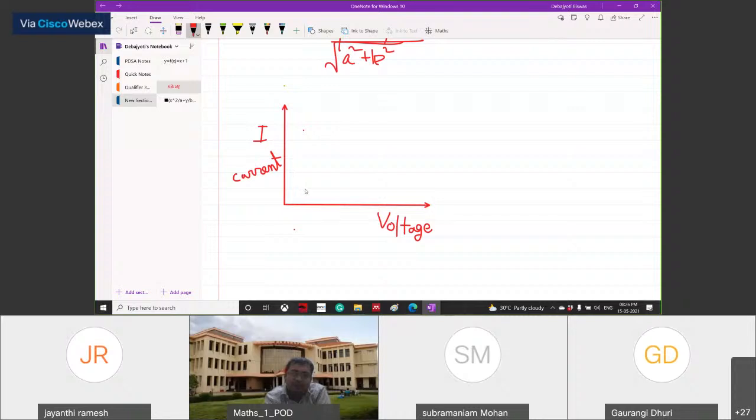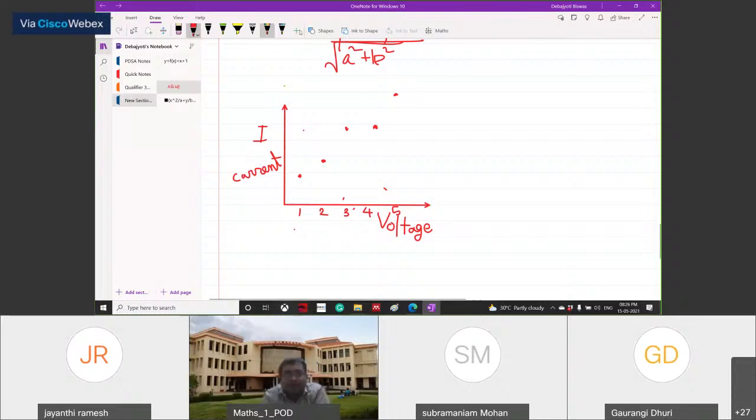If you measure at 1 volt, 2 volt, 3 volt, this is just an example. For 1 volt the value comes like this, 2 volt like this, 3, 4, 5 volt like this. Now these are our data points, and they are not exactly on the straight line.